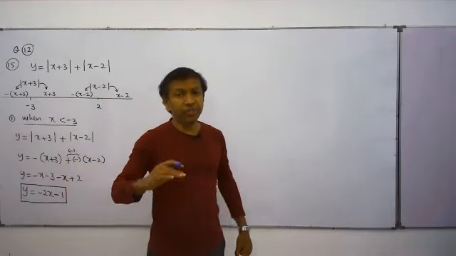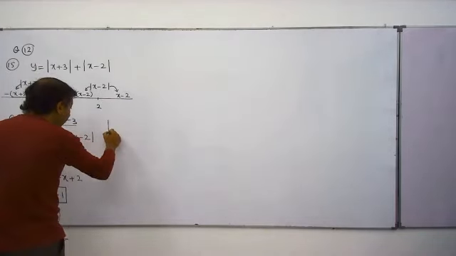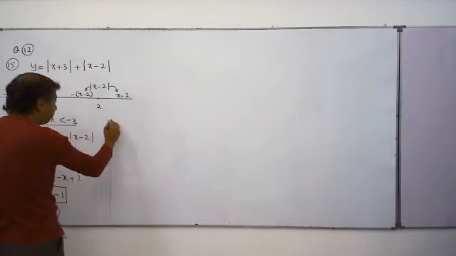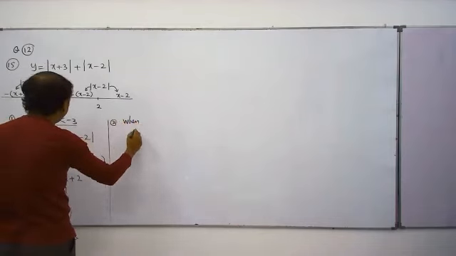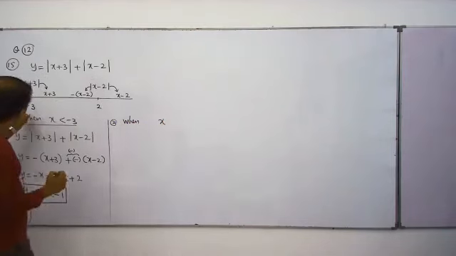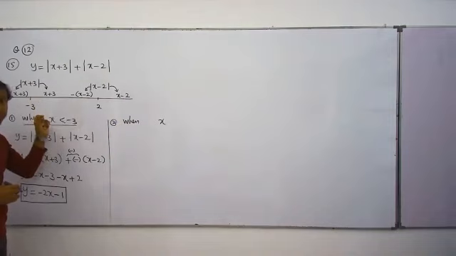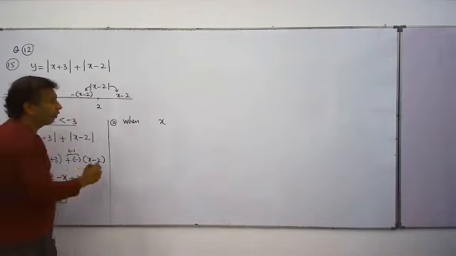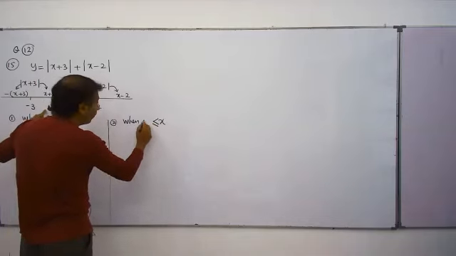Now we have to consider the second interval. What is the second interval? Here we have to go to the right. When you go to the right, passing this minus 3, we pick minus 3 and go to the right. So what is that interval? x greater than or equal to minus 3.